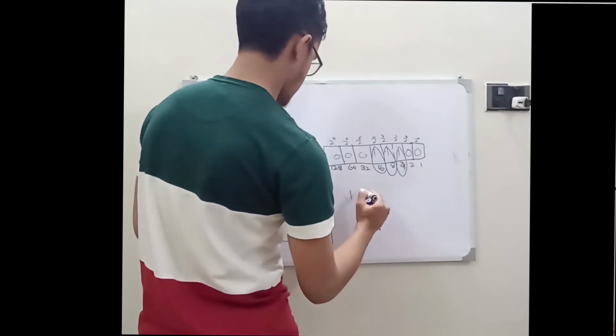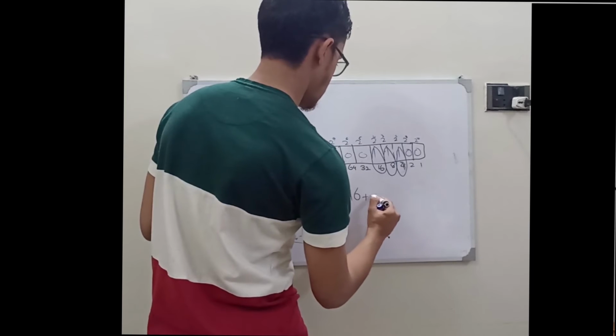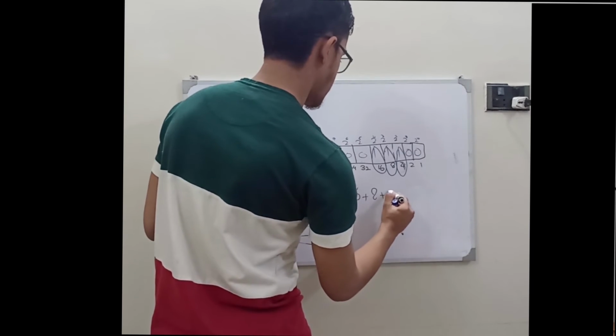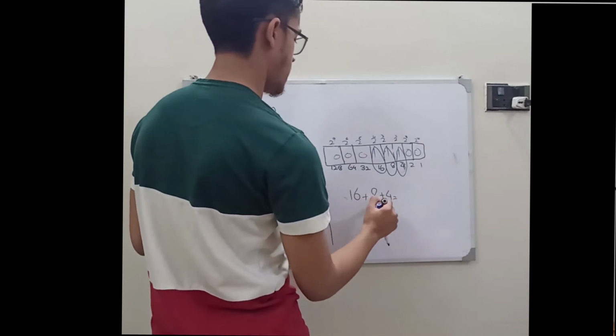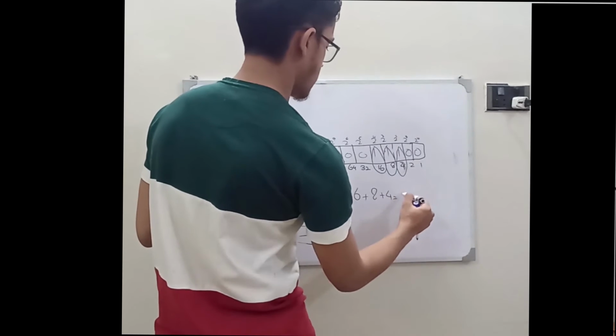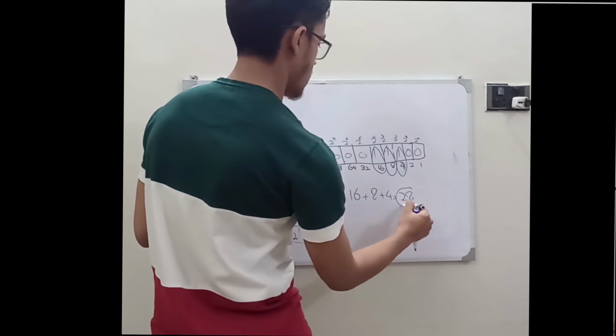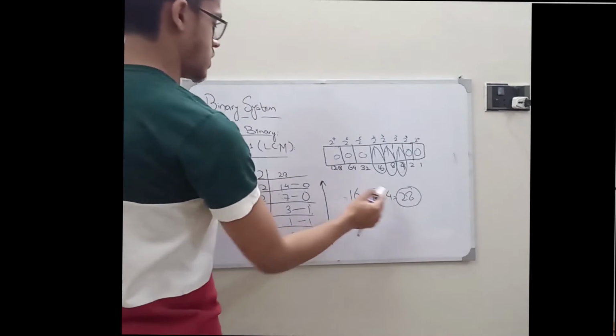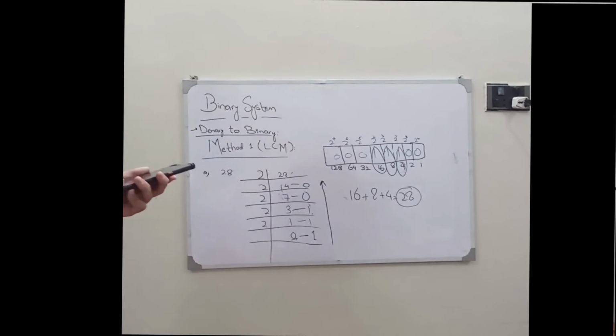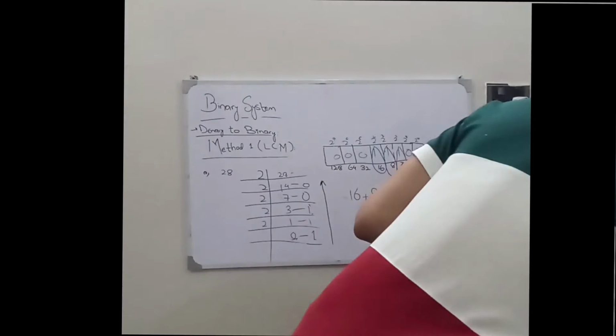So as we add it together, it will become 16 plus 8 plus 4. 16 plus 8 is 24. 24 plus 4 is 28. And this is the answer that we started with in the beginning. Okay, so that's method 1. Let's move to method 2.